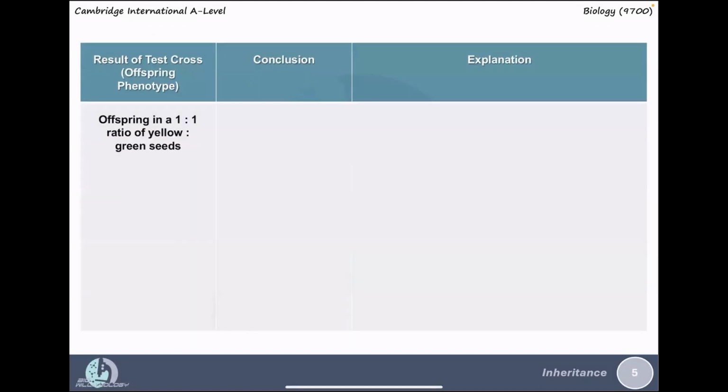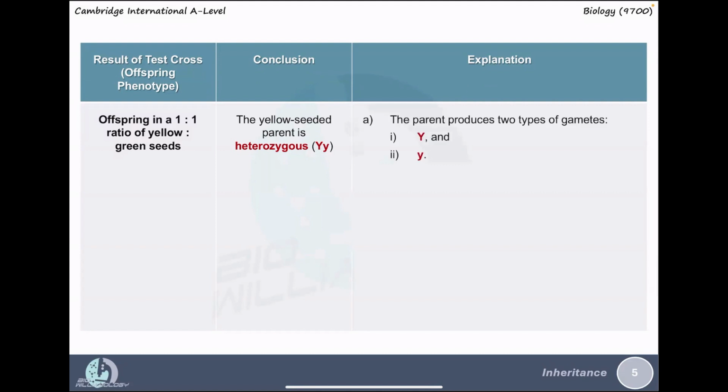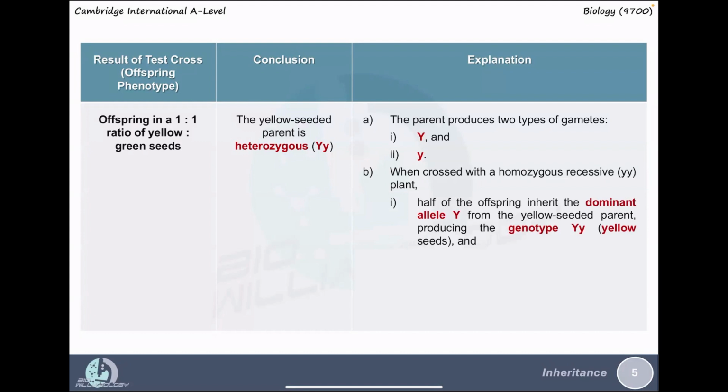On the other hand, if the offspring phenotype shows a 1-to-1 ratio of yellow to green seed, the yellow-seeded parent must be heterozygous. The parent produces two types of gametes, dominant Y and recessive y. When crossed with a homozygous recessive plant, half of the offspring inherit the dominant allele Y from the yellow-seeded plant, producing the heterozygous genotype Yy, which gives rise to yellow seed.